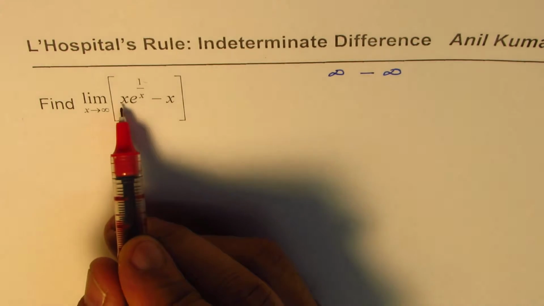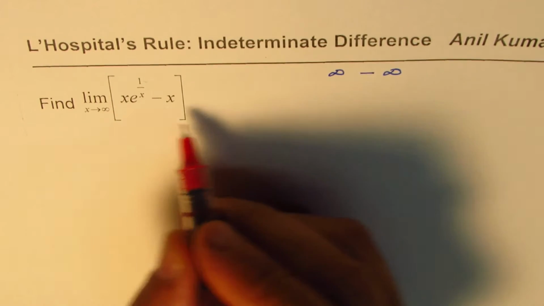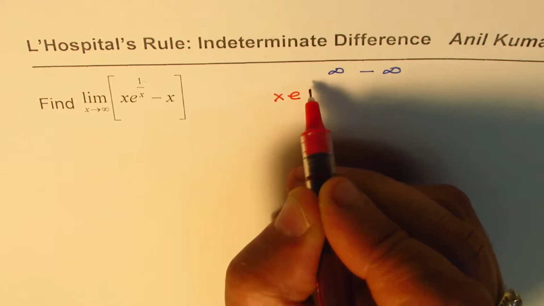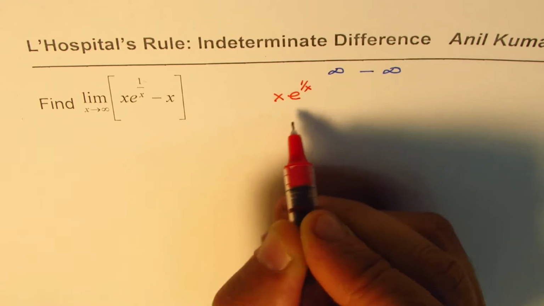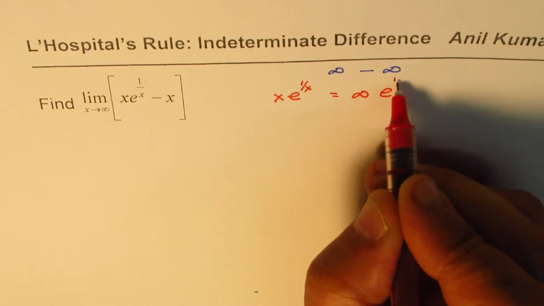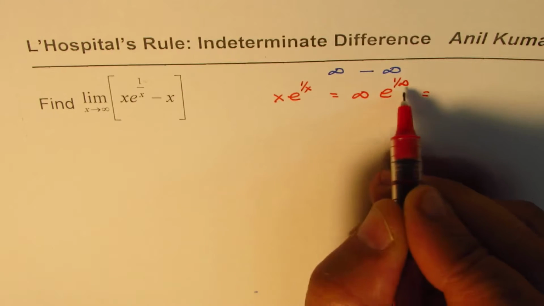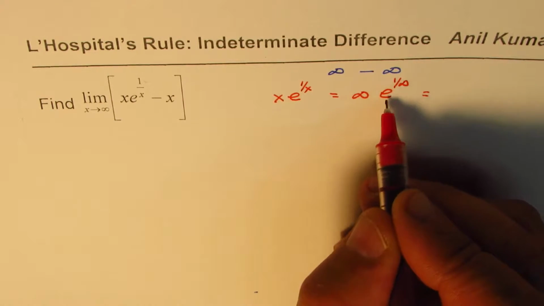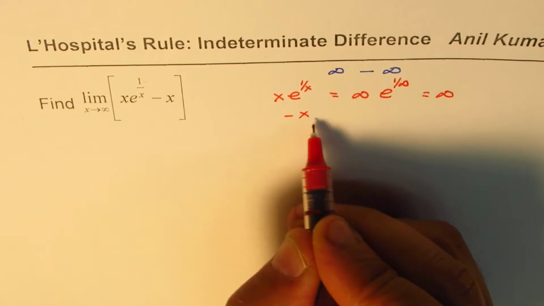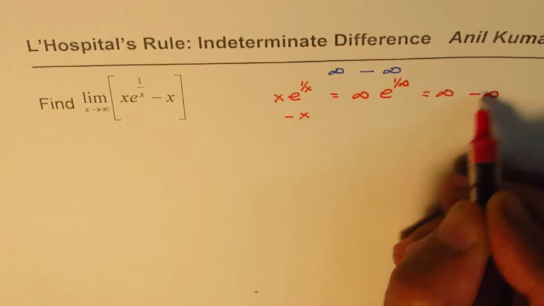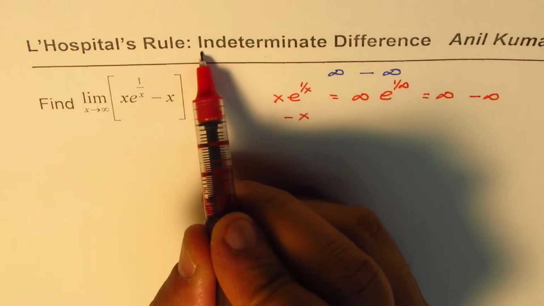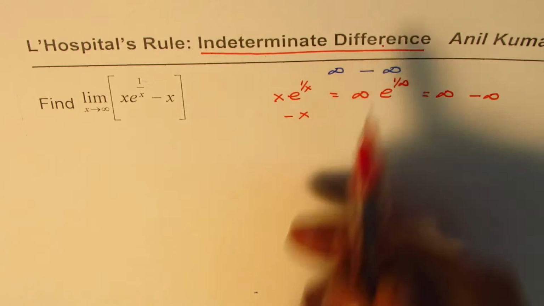If I write infinity here, then we have x e to the power of 1 over x, so that is infinity times e to the power of 1 over infinity. That is e to the power of 0, which is 1, so we get infinity. And minus x, and x is infinity, means minus infinity. So we have the form infinity minus infinity, and that's what we mean when we say indeterminate difference.